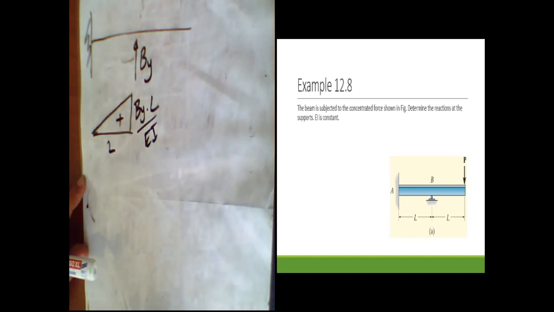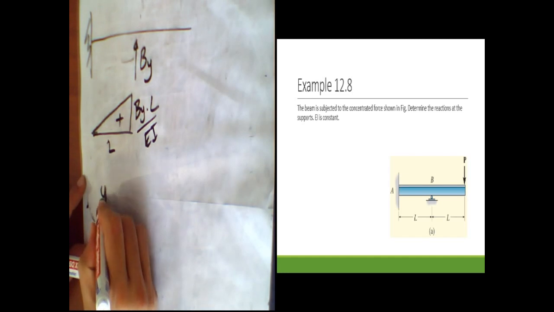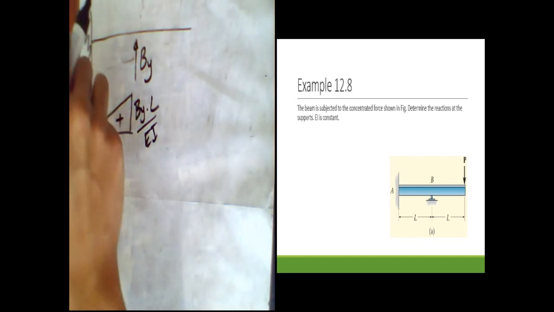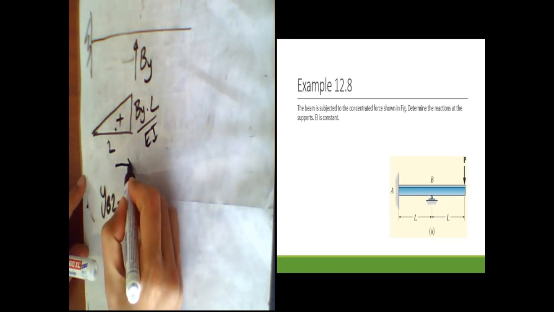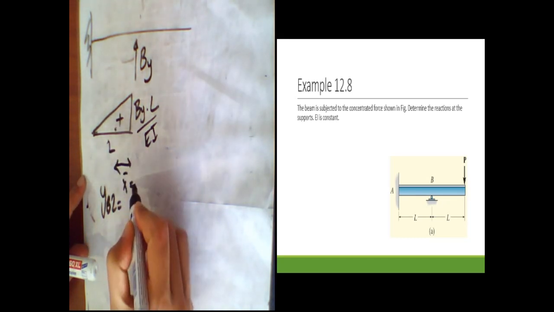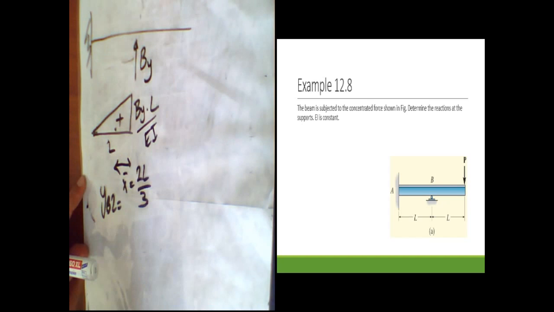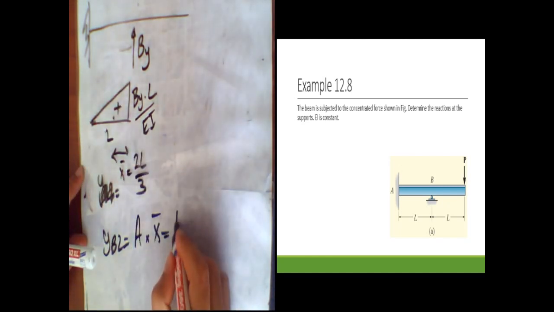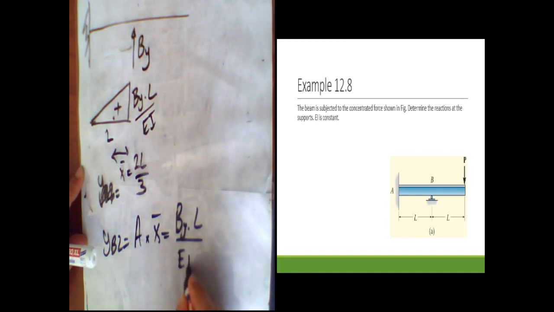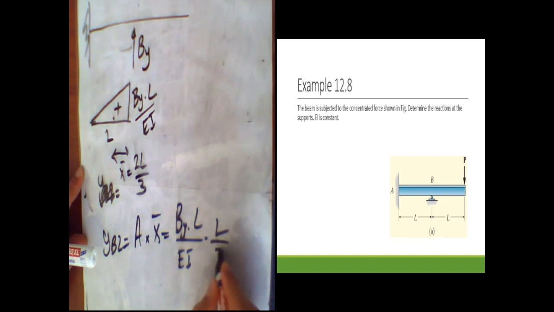Don't forget to divide by EI in order to use the moment area method. This length is L. Therefore, YB2 is equal to, you remember that YA is equal to 0. X bar is equal to 2L divided by 3. YB2 is equal to area times X bar. The area is BY times L divided by EI, times L over 2.